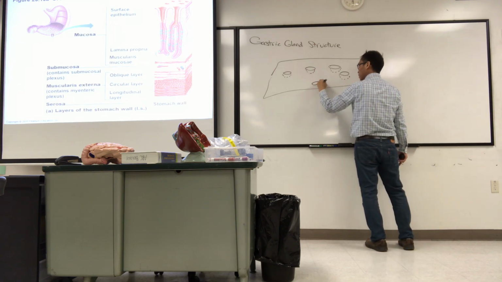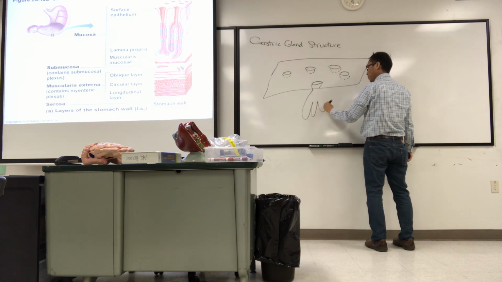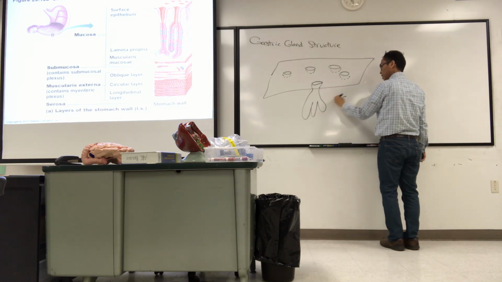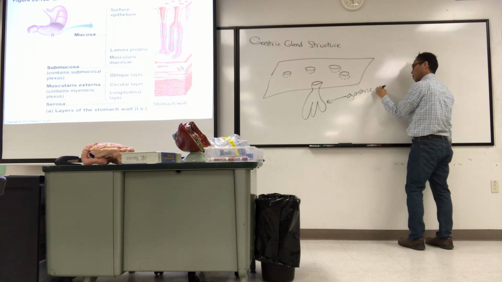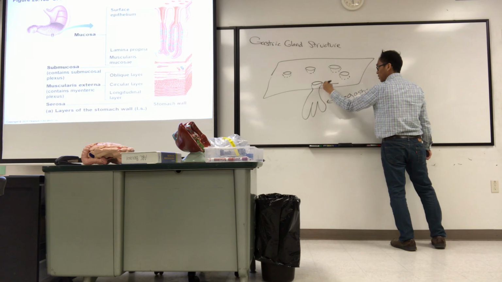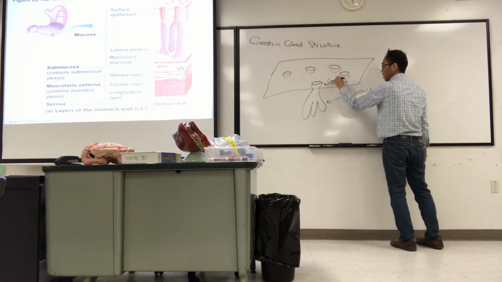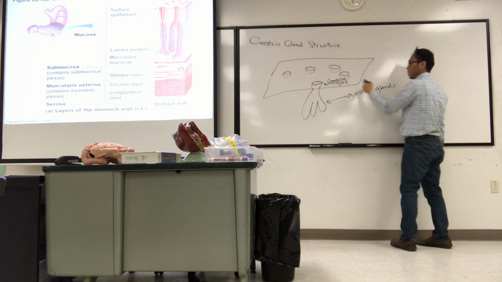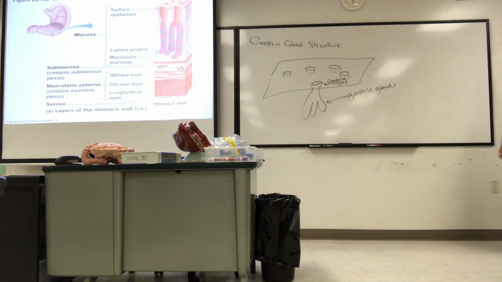Now, if you take a close look, those pits actually lead to a couple few gastric glands down here. Don't confuse the glands down there with the top. That's the pit. Gastric pit on top leads into gastric glands below. So that's the structure there.